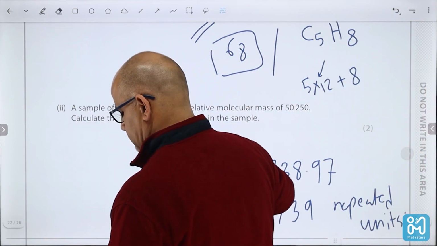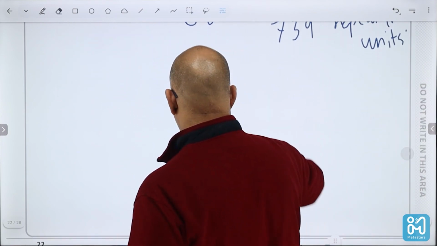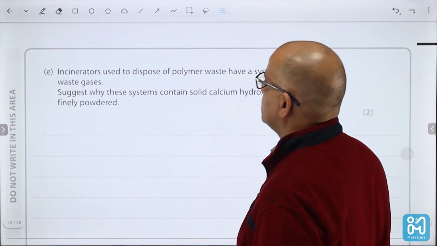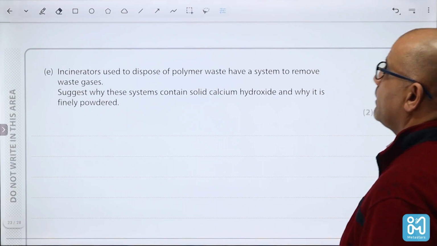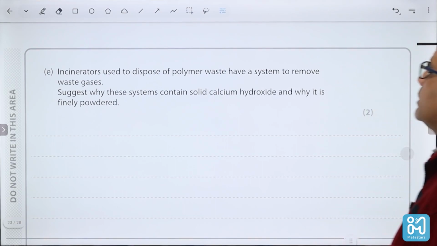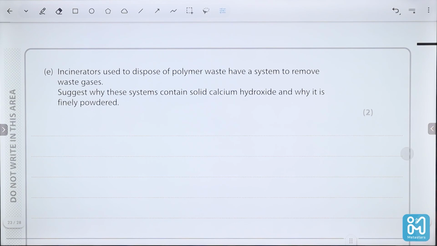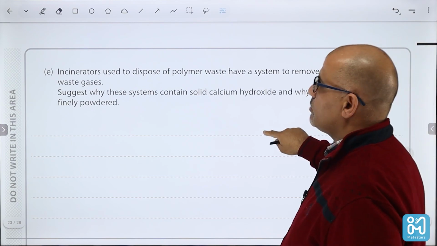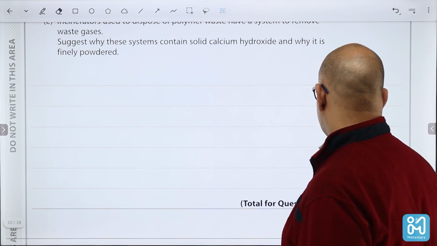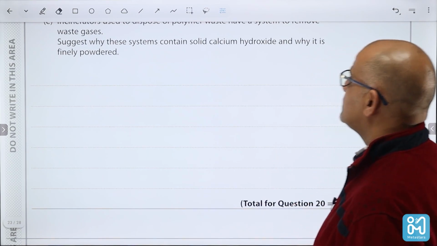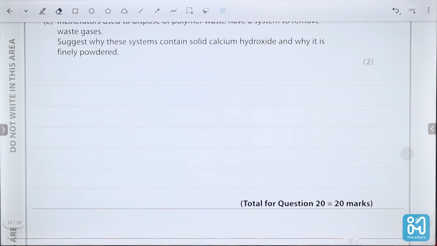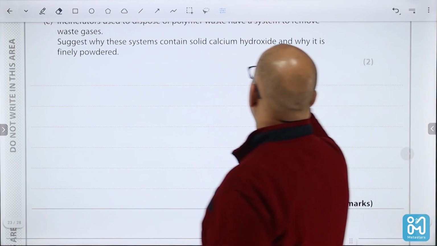Now, the next question: incinerators used to dispose of polymer waste have a system to remove waste gases. Suggest why these systems contain solid calcium hydroxide and why it is finally powdered.